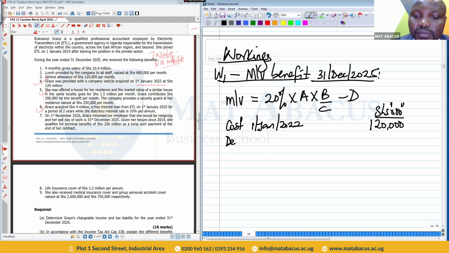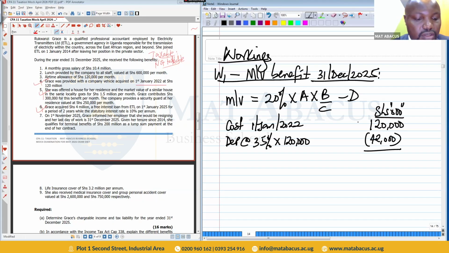It means that we shall get the depreciation. Of course, the depreciation is provided with a notional depreciation of 35% times the value of the vehicle, 120 million. So that will be for that first year. It will be 120,000 times 0.35, which will be 42,000. So you get 120,000 minus 42K, which will give you 78,000.